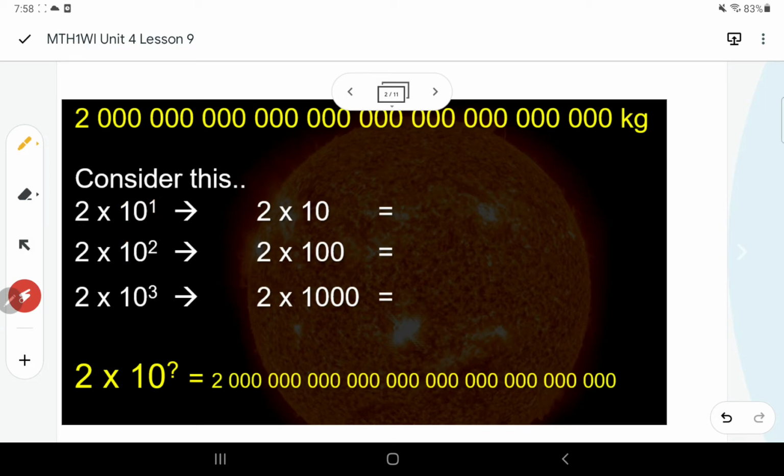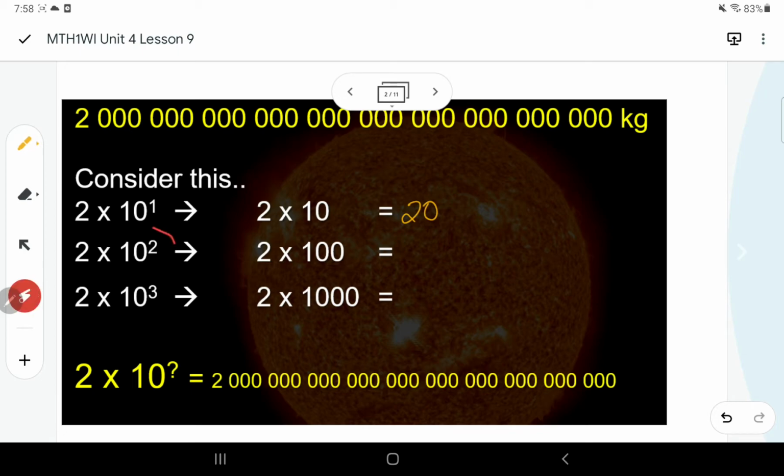And we use 10 because in our place value system, we use a base 10, like tens and hundreds and thousands. All of those are 10 times each other. So if you had, for instance, 2 times 10 to the exponent 1, 10 to the exponent 1 is just 10, so that would be 20.